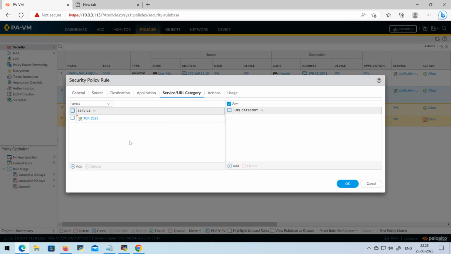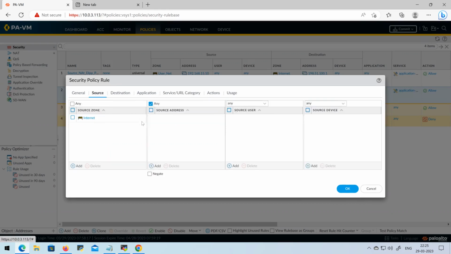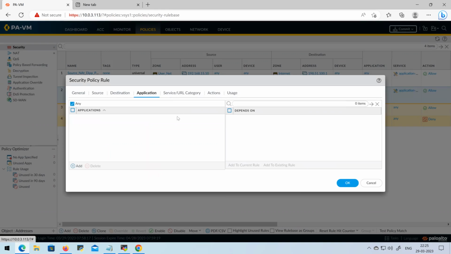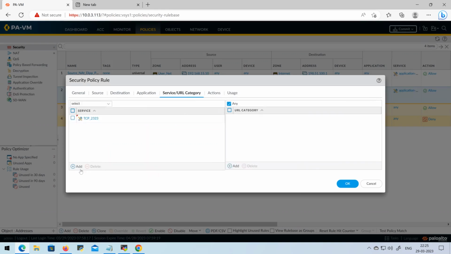Guys, I'm asking whether it is going to work with only this much information in this policy. TCP base also needs to be allowed, no? Which one? TCP base.